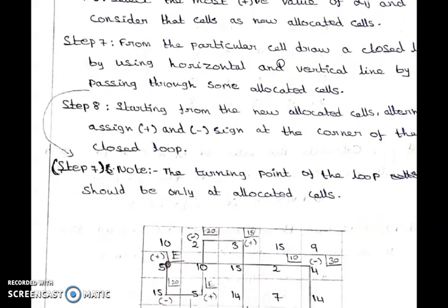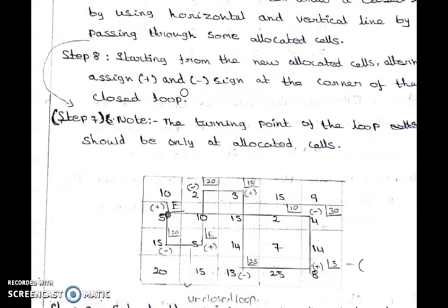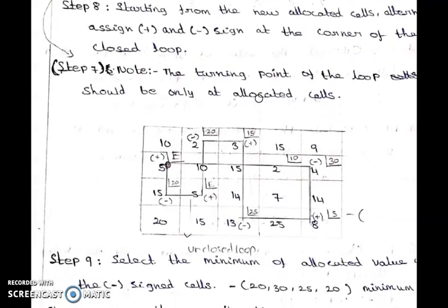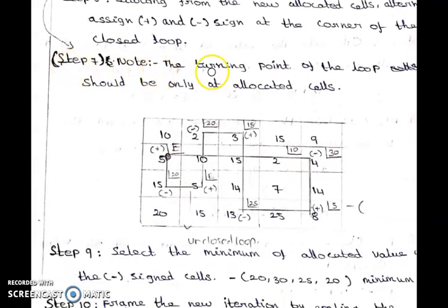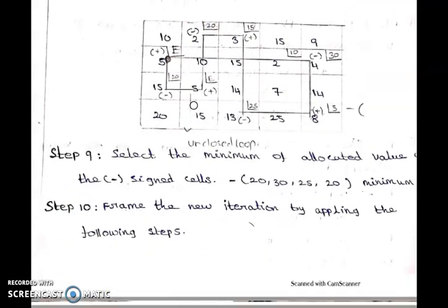Step 7: draw a closed loop using horizontal and vertical lines passing through some allocations. Step 8: starting from the new allocated cell, assign plus or minus signs at the corner cells of the closed loop. Step 9 note: the turning point of the loop should be only at an allocated cell.